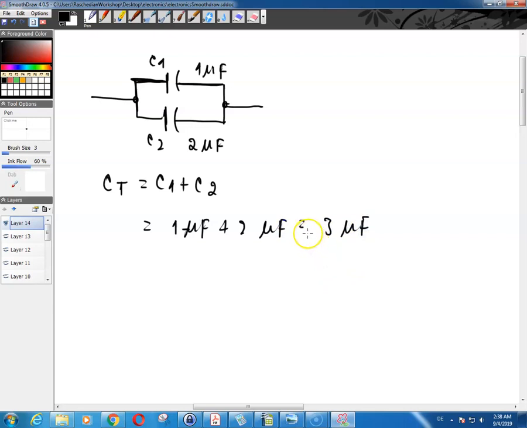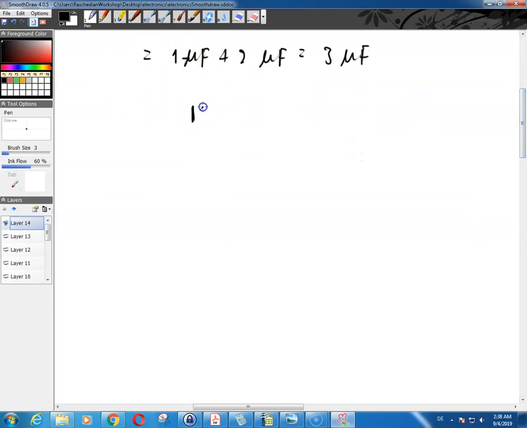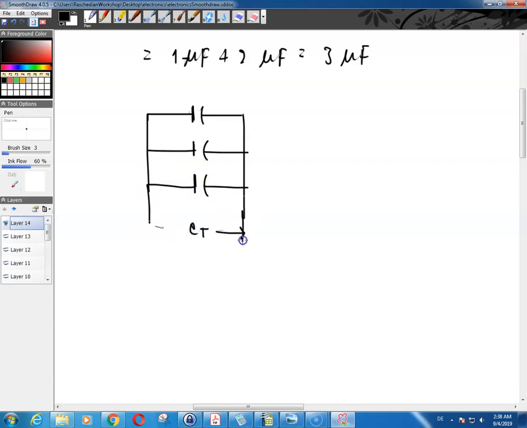And if you have another network of capacitors, for example these capacitors here, all in parallel, and this is going to be your C of t.